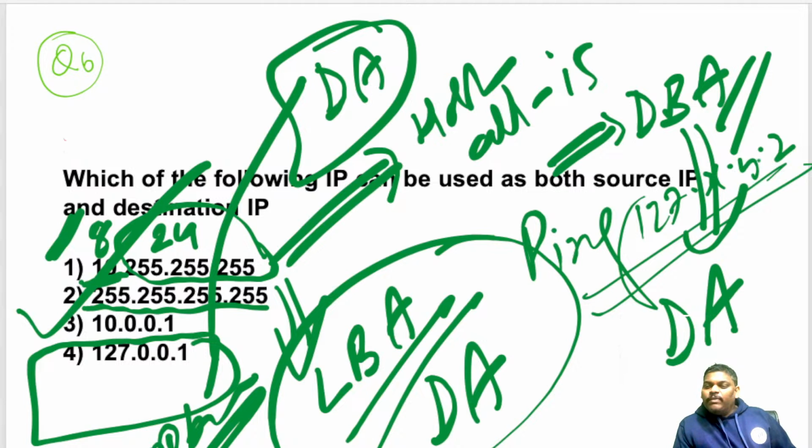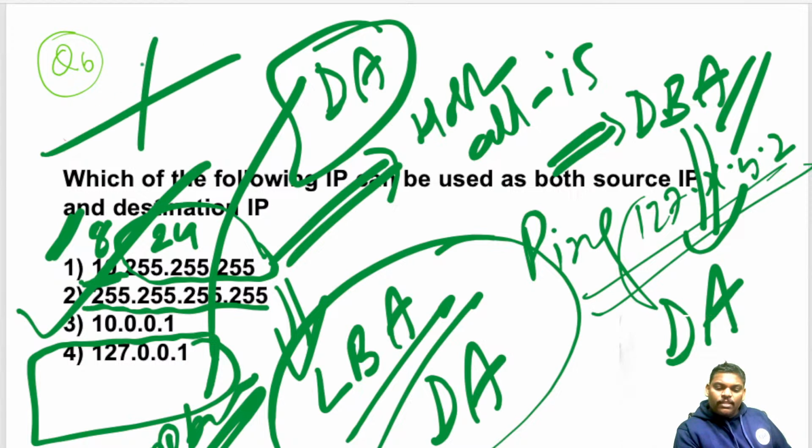Someone is asking where it is given that the address is classful. IP addresses can be classless or classful, although the mask is not given. Remember carefully: if there is no slash in the given IP, then it is a classful IP address.